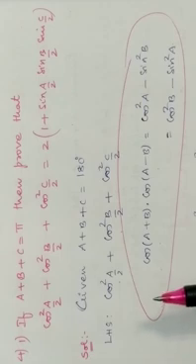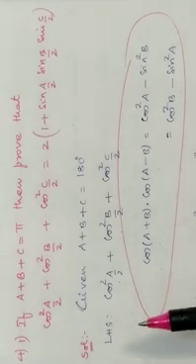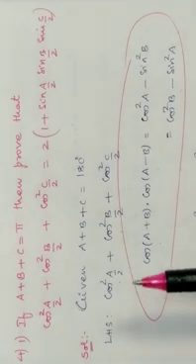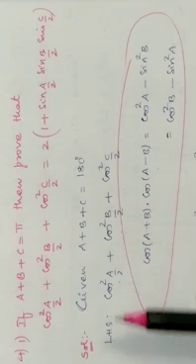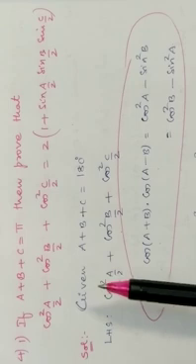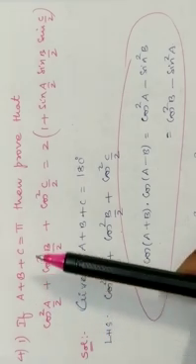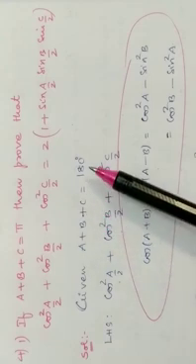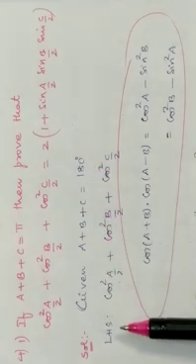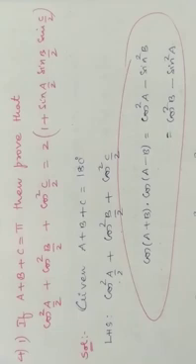We do by taking LHS and we prove is equal to RHS. Given a plus b plus c equal to pi, pi means 180. I am taking LHS. What is LHS?